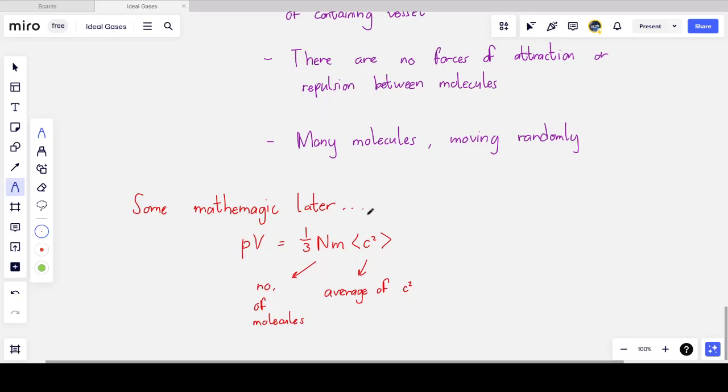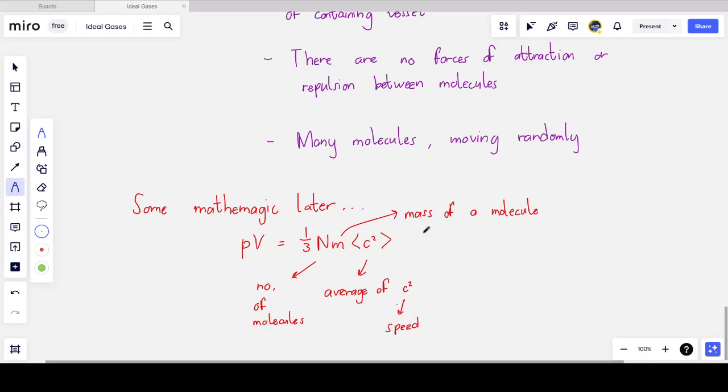And remember, this is only for a specific gas. So this little m here is the mass of a molecule of this gas. If it was oxygen, for example, this would be the mass of an oxygen molecule, multiplied by the average of the speed squared. So the average of C squared, and C here is the speed of the molecules.